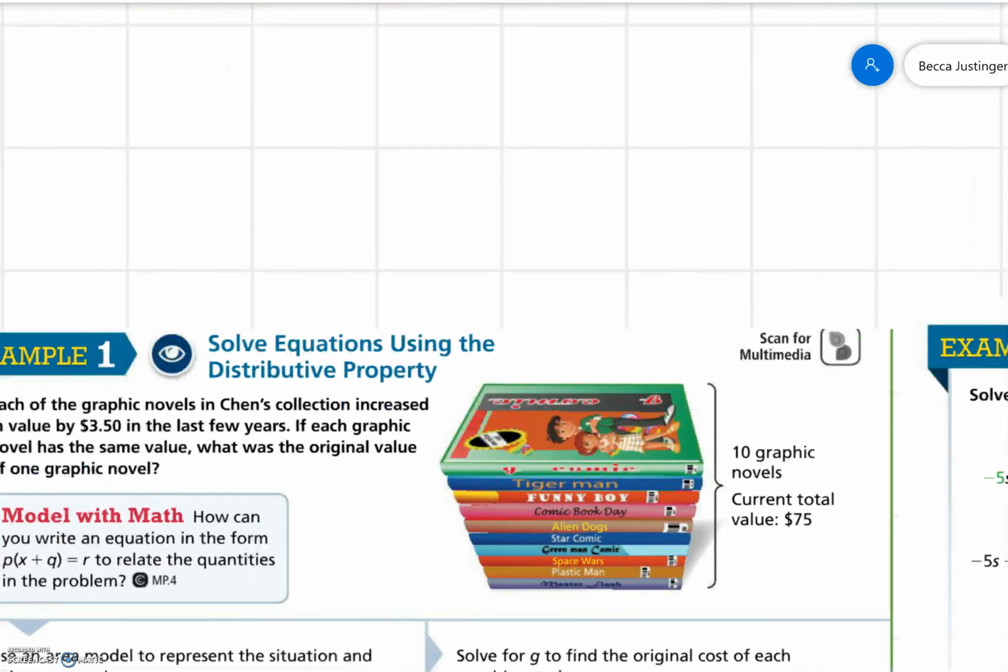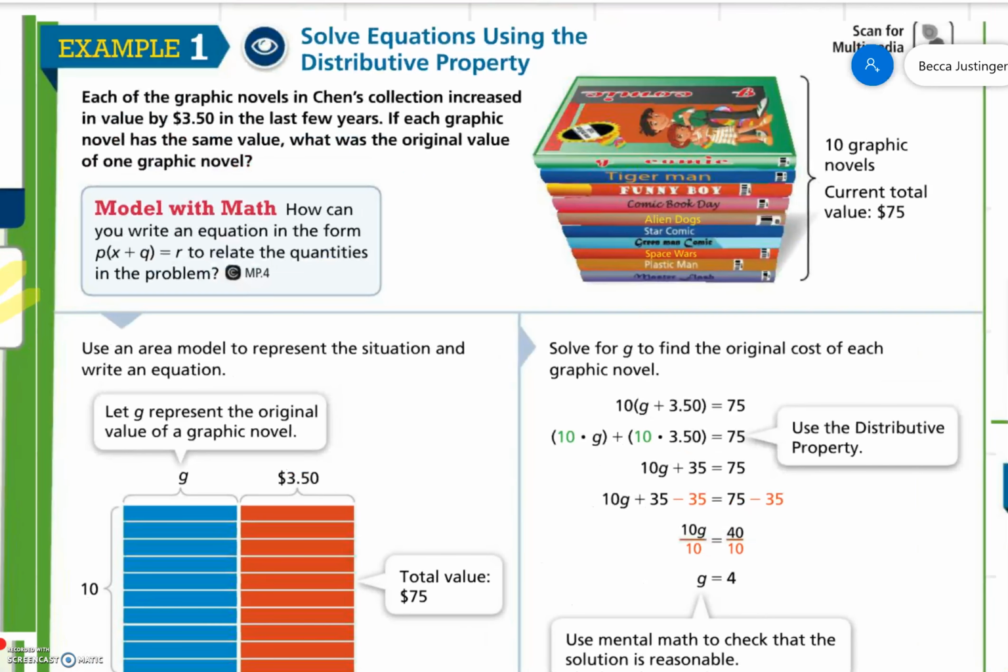All right, example number 1. Solve equations using the distributive property. Each of the graphic novels in Chen's collection increased in value by $3.50 in the last few years. If each graphic novel has the same value, what was the original value of one graphic novel? So we know that there are 10 graphic novels and they currently are $75.